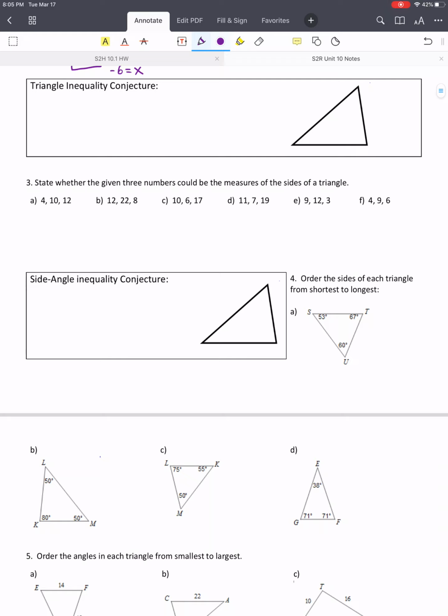All right, let's talk about the triangle inequality conjecture. Basically, here's what you got.